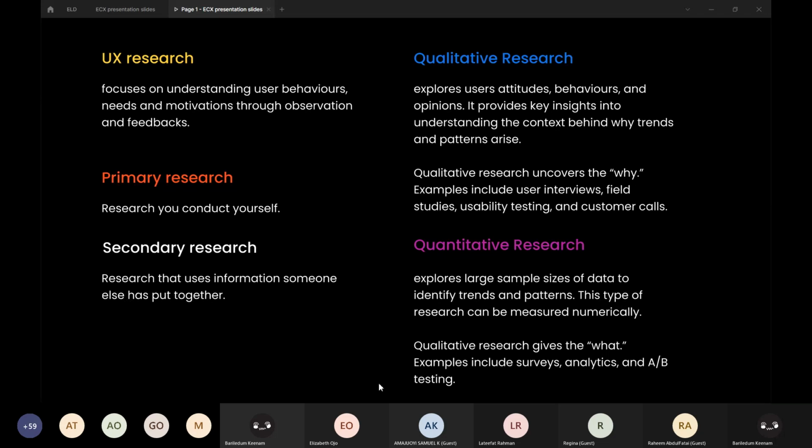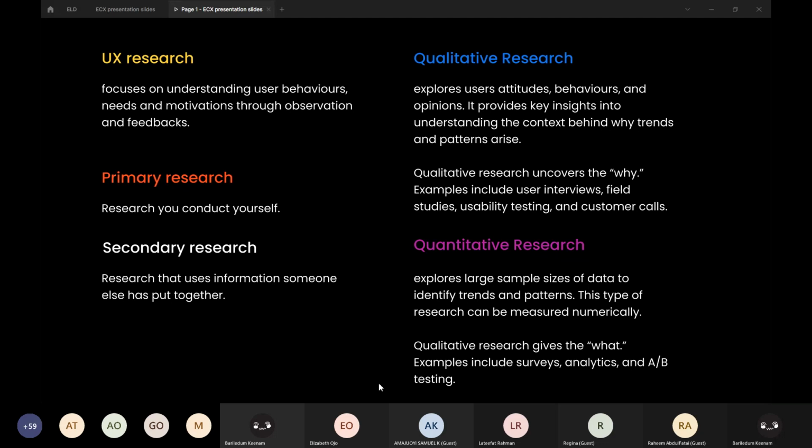User research can be conducted before the design and before you start building anything, before the product development life cycle. Before you start actualizing your product, you conduct user research. You also conduct user research in the third phase of the design and also in the last phase. There are also various methods of conducting user research, which we are going to see.